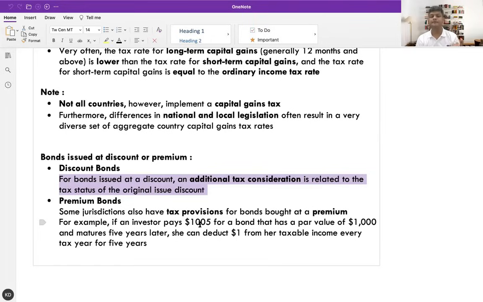Are you getting my point? So your overall capital loss is 5. That will be amortized over 5 years. So every year you can reduce your profits by $1. That's a set off, or a loss you can adjust. Is that clear? So you can deduct that $1 from your taxable income every year.